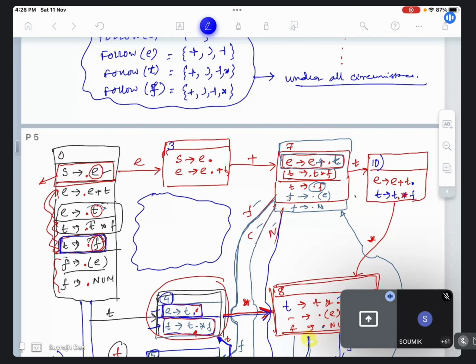If you go for a reduce decision when you are in state number 4 and you are seeing a star, I term that as a look ahead symbol. So what is the difference between a look ahead symbol and not using any look ahead? There is actually no difference, because you are scanning the next symbol.